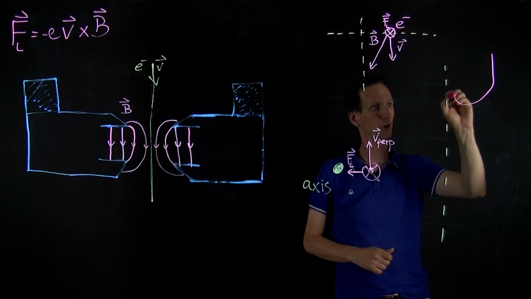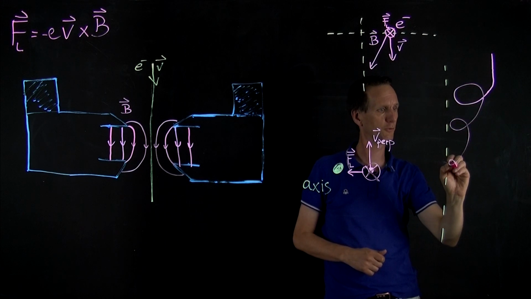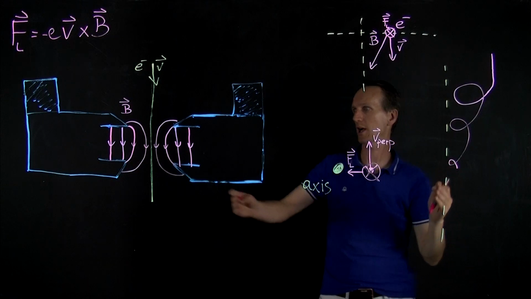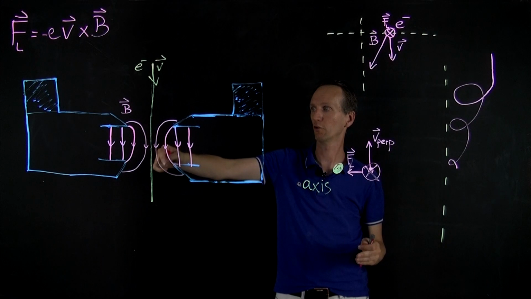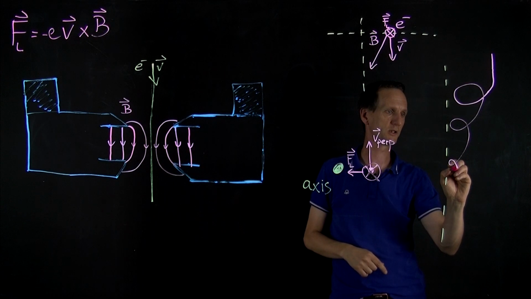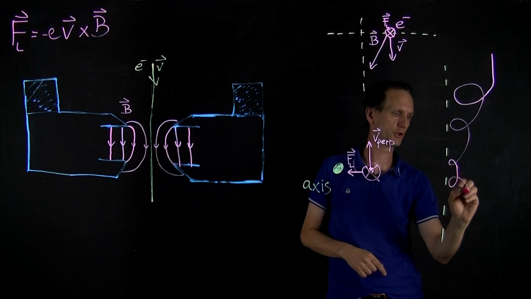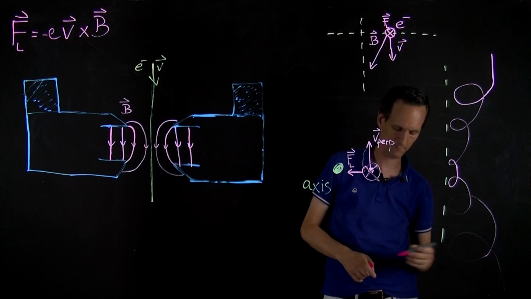So I'm now going to draw that in a two-dimensional frame. It will move towards the axis, and then when it passes the center part of the lens, of course, the force will again be pointed outward. So in this case, the spiral motion will have the electron move out again.